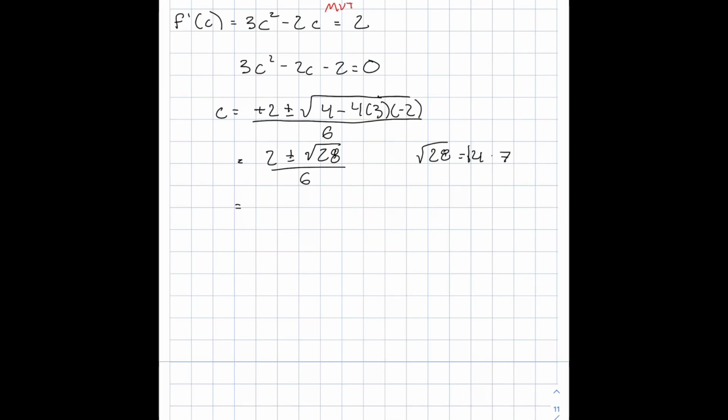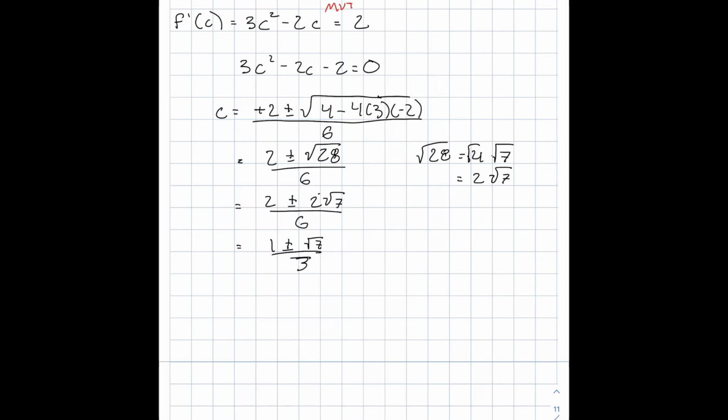So the square root of that is the square root of 4 times the square root of 7, which equals 2 square root of 7. So this is going to be 2 plus or minus 2 root 7 over 6, and that simplifies to 1 plus or minus square root of 7 over 3.